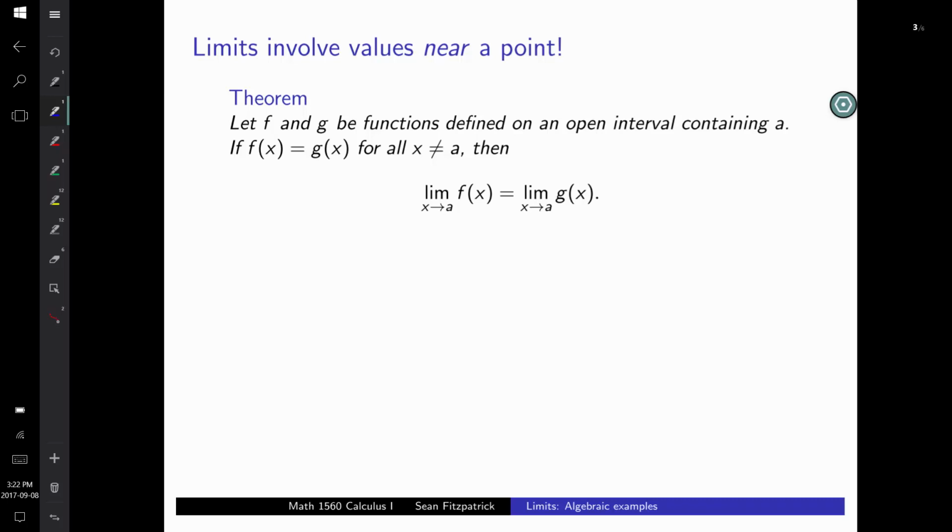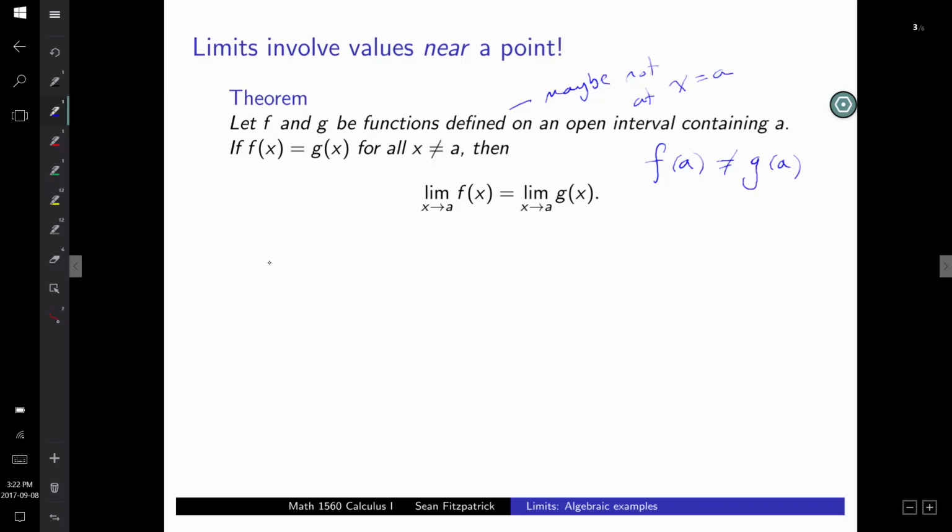Even if it turns out that f of a is not equal to g of a, or even if one of these is undefined at x equals a, or they are defined but they're not equal, that's okay. The limits will still agree as long as they're equal everywhere else.